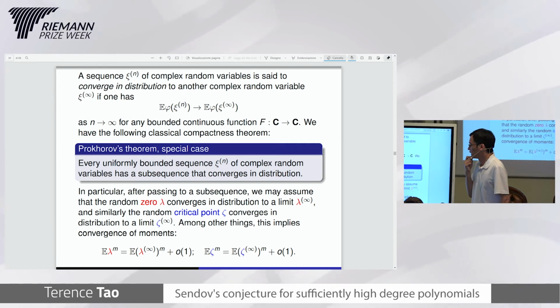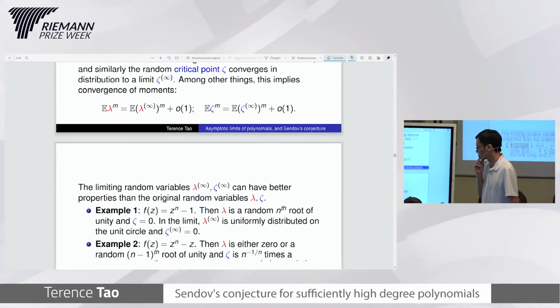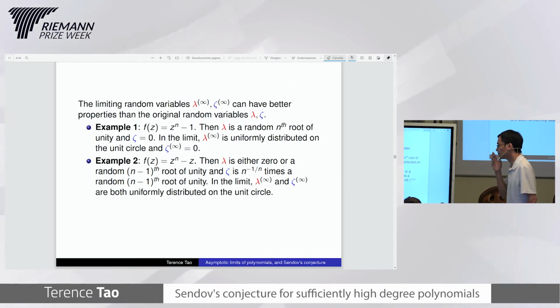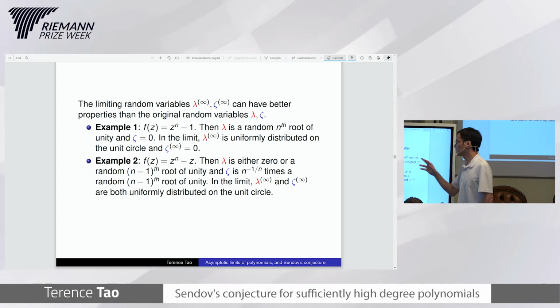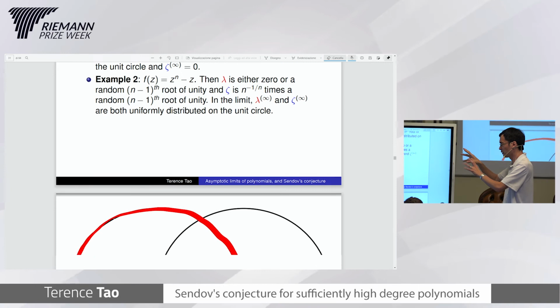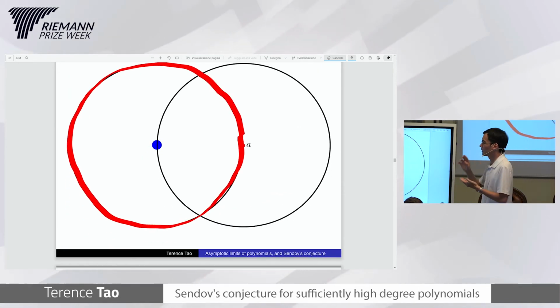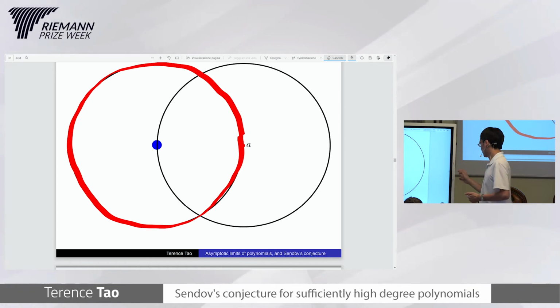Okay, so this is best illustrated by an example. If you go to the next slide, I think I have a picture. Not yet. Oh, okay. There are two examples. Okay, maybe skip this slide and go to the next slide. So I'll talk about this example using pictures. Okay. So if you take the polynomial z, I can do this now.